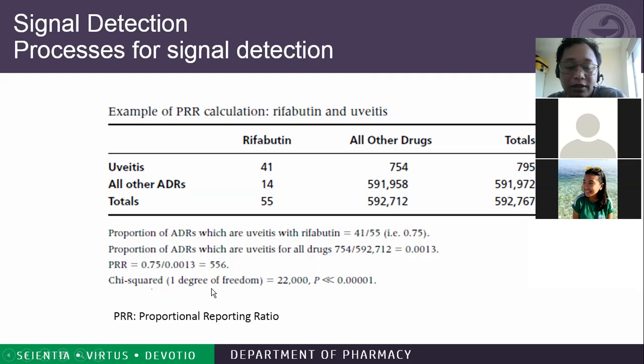And then the chi-square, we have a significant value here, p less than 0.01, and the chi-square is 22,000. So in this case, we are confident to say that rifabutin can cause uveitis.